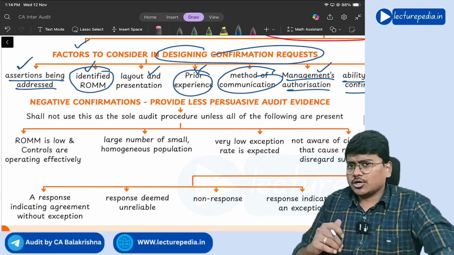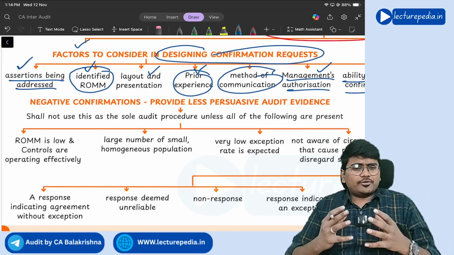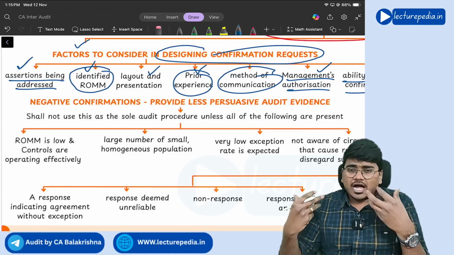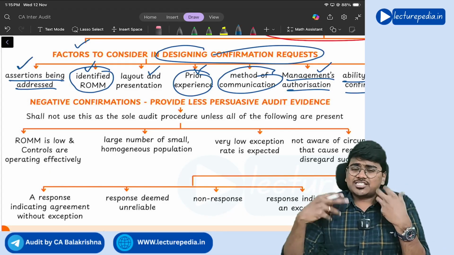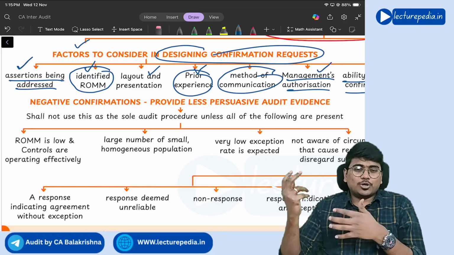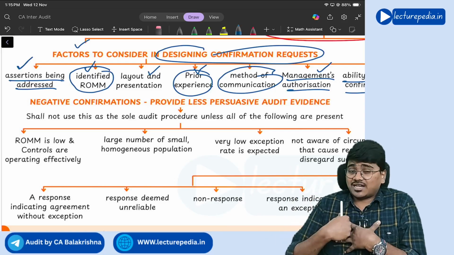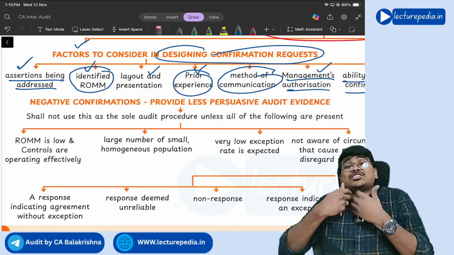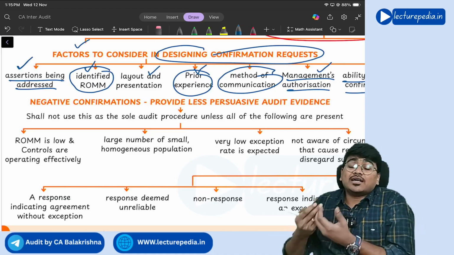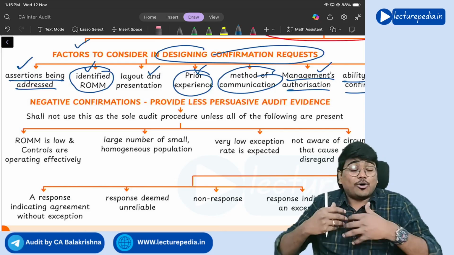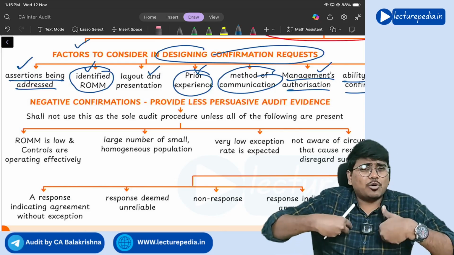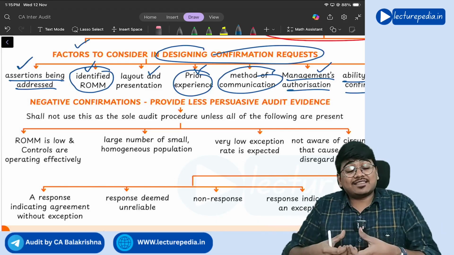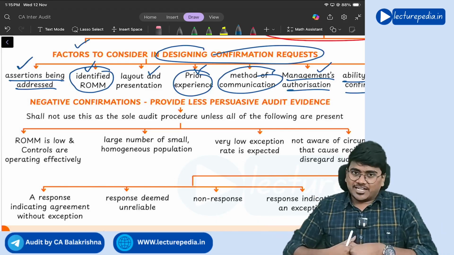Next, negative confirmation request and positive confirmation request: which is more reliable? Of course the positive confirmation request is more reliable, because in both situations you will get a response. Positive confirmation provides more persuasive, more believable audit evidence than the negative confirmation request.